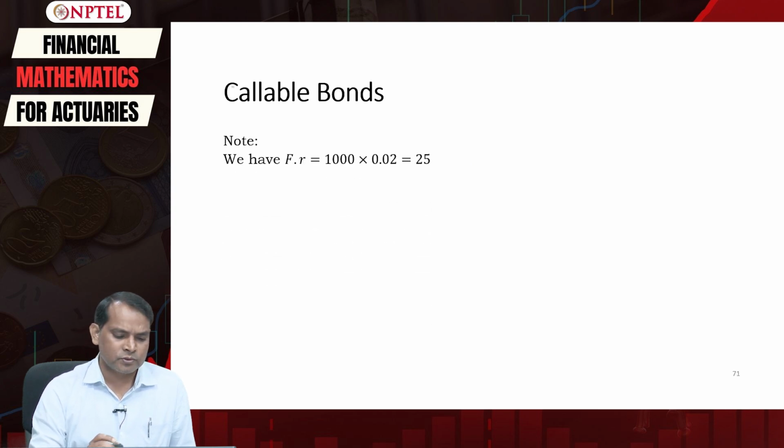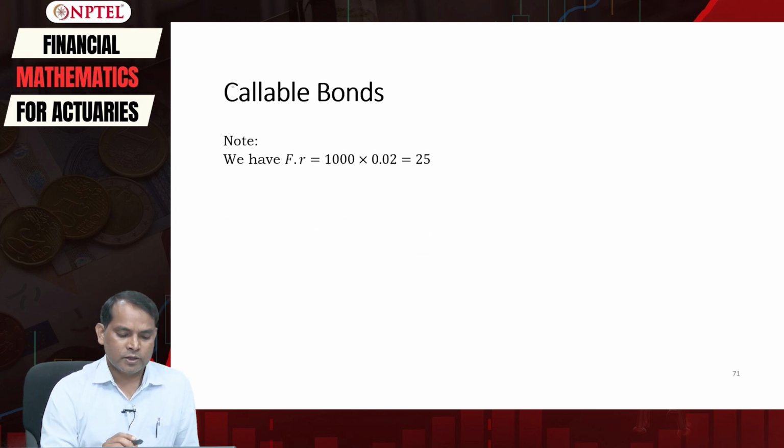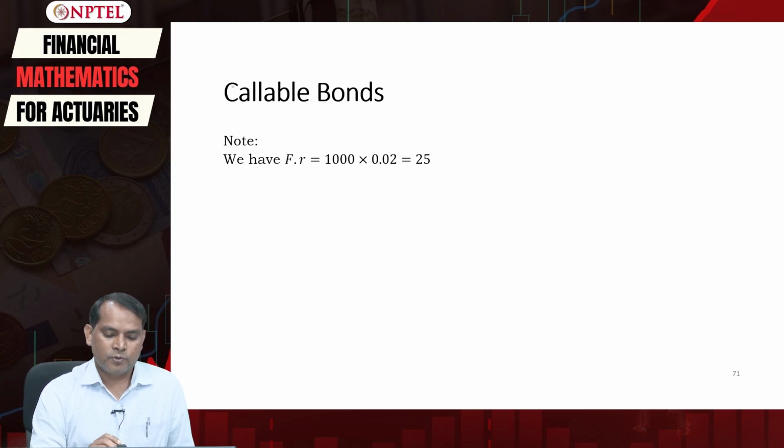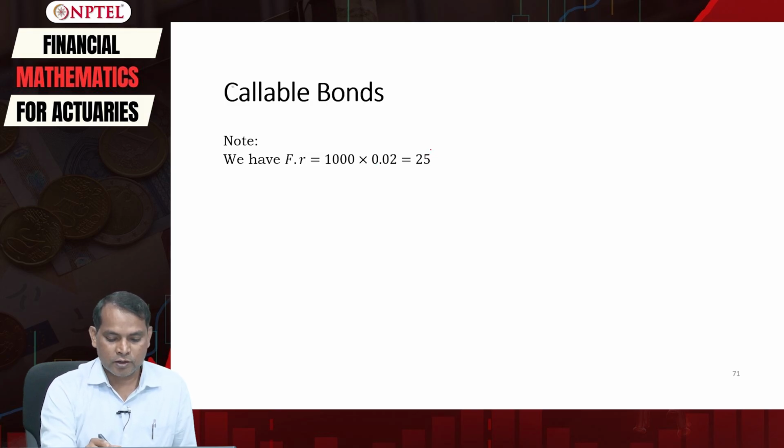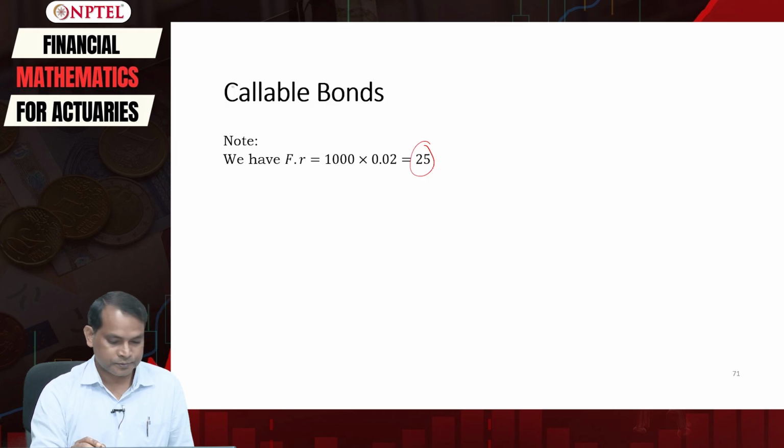Remember that we have here F, the face value, 1000 rupees, and the coupon rate. Since it is semi-annually compounded, we divide by 2, and we have 0.02. So Fr, the coupon amount, will be 25 rupees.